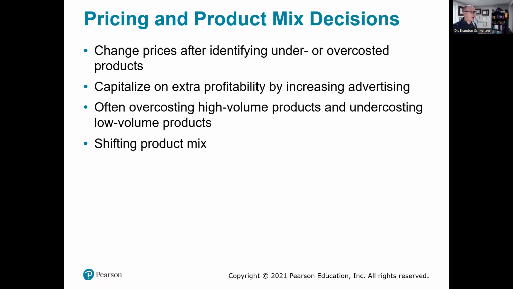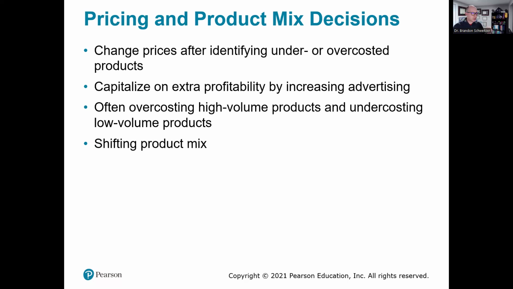We oftentimes end up overcosting high volume products and undercosting low volume products. And that's something we need to adjust accordingly, right? Because we want to make sure that both of our product offerings, or all of our product offerings, are profitable, but it's not either too high a volume or too low a volume.